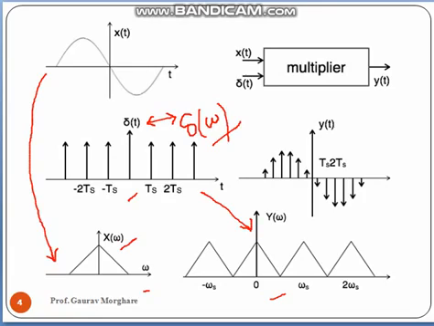So the spectrum is distributed, or the energy is distributed, over the frequencies of omega_s. The interval is the same, the interval is omega_s.